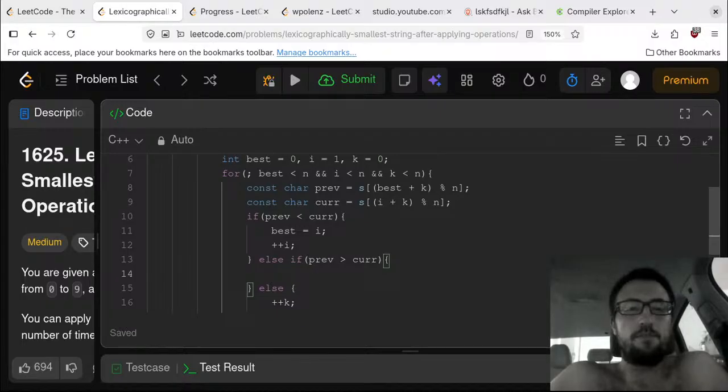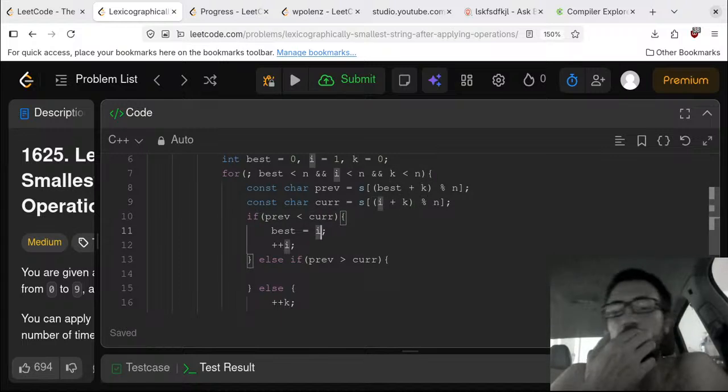If previous is greater than current, we have to skip k, I guess i plus k.